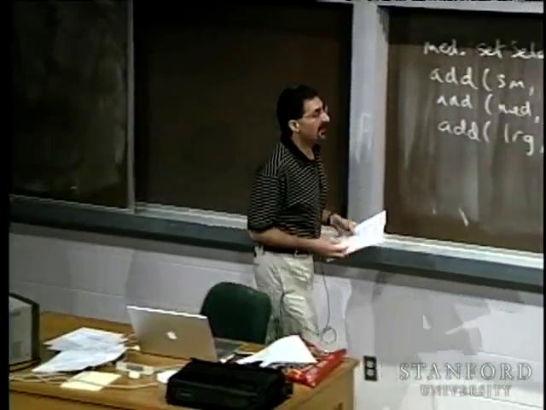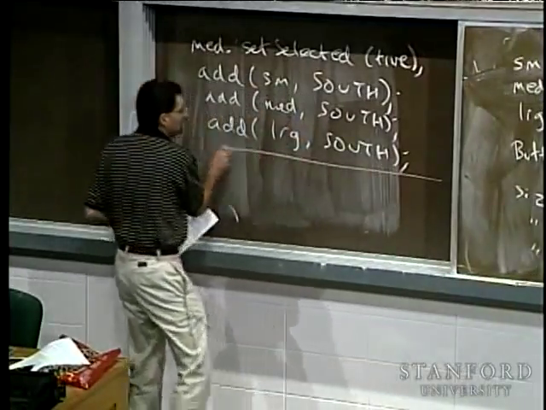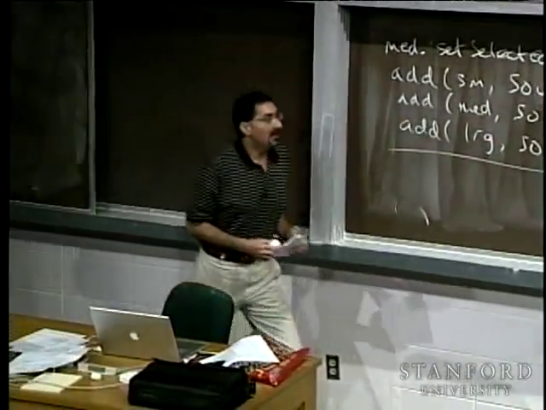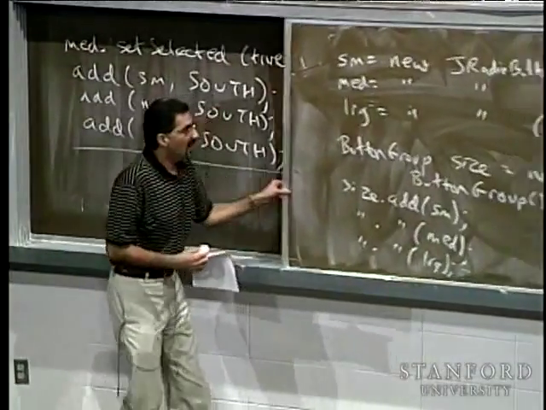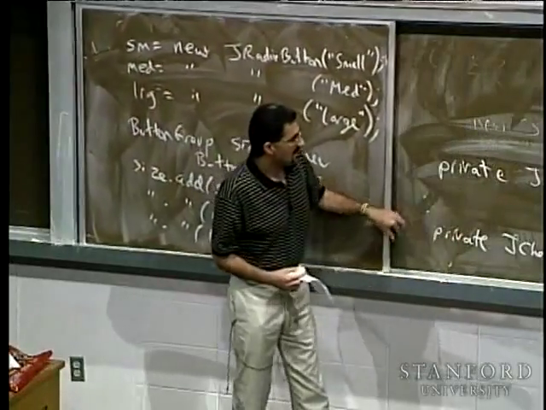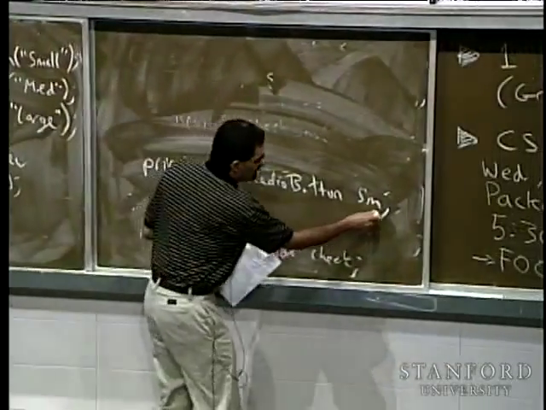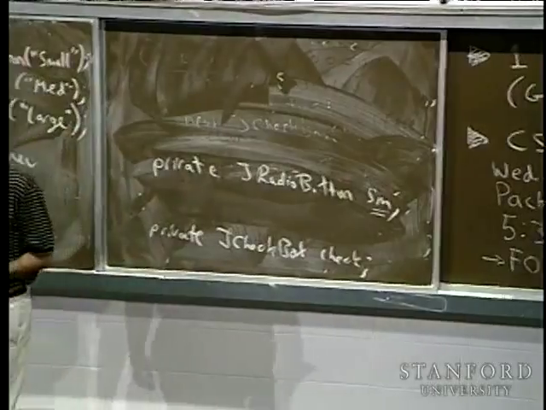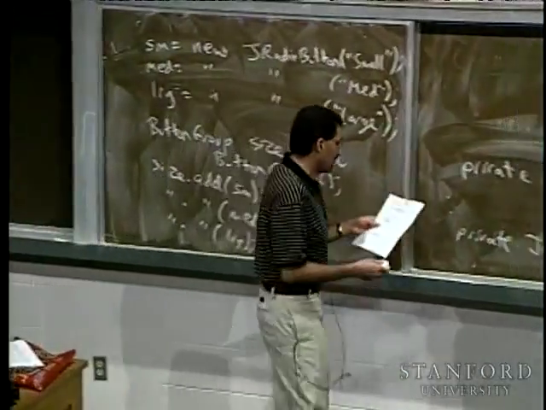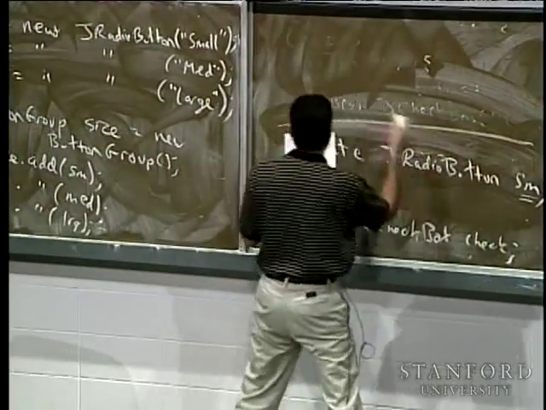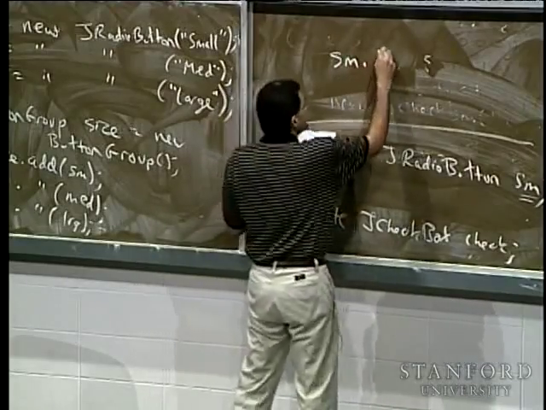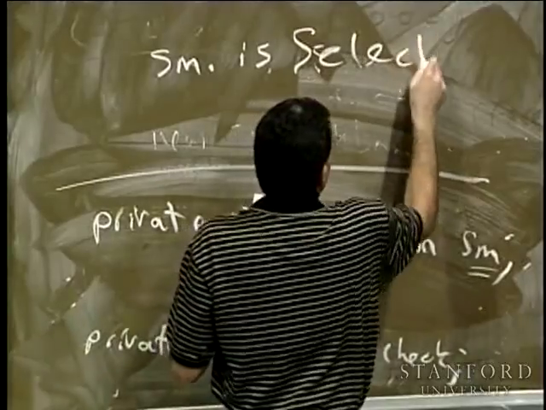Now, how do I figure out which one of these buttons is actually selected somewhere in my program? It's because I made these things private, right? Small, medium, and large should all be private instance variables that I can refer to later in the program by saying something like small.isSelected.